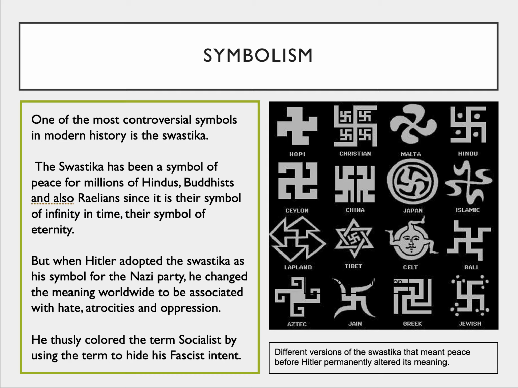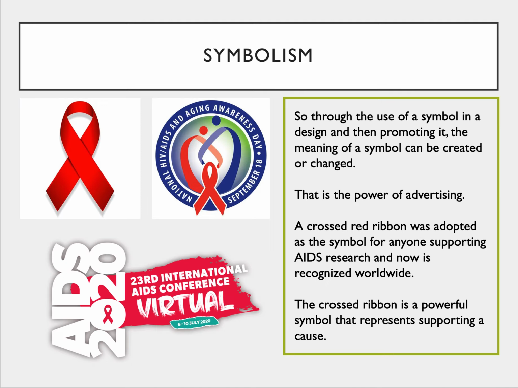And so then along came Hitler, and now anytime anybody sees a swastika, it's like, why did they use that? Is it for the Nazis? And most of the time, no. I mean, for thousands of years, it has meant peace. And then Hitler came along and changed it permanently. So that's the power of symbolism.